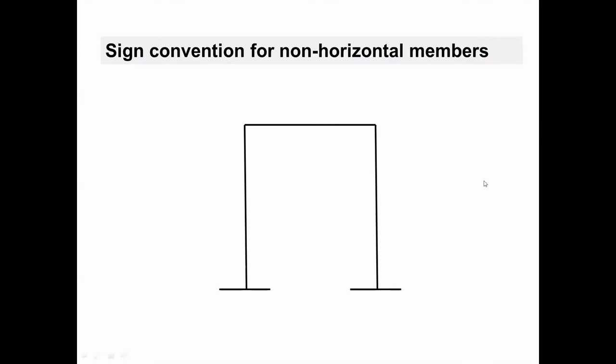So let us first take the sign convention for bending moment. Let us say the observer is situated within the frame and looking from inside of the frame to outside. Any bending moment that causes convexity of the deformed shape towards the observer will be treated as positive.